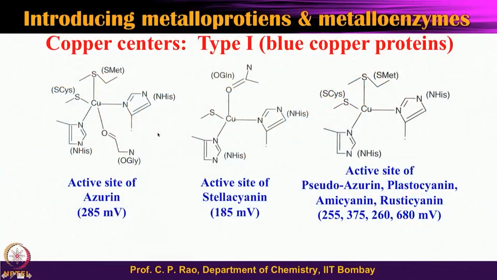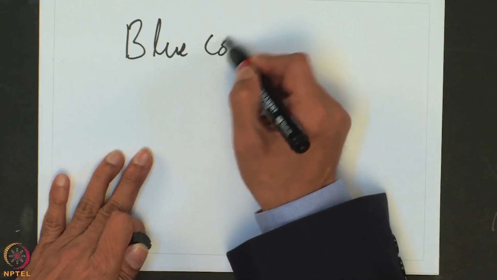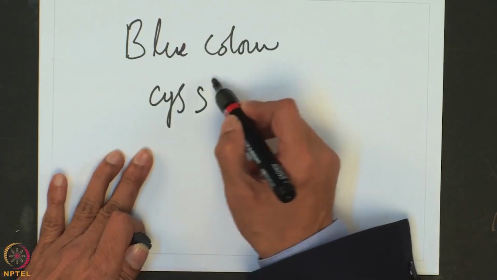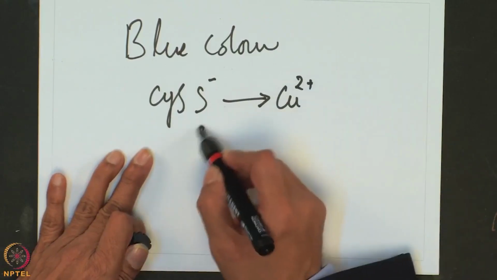Then we have come to the copper 1 story, the copper 1 centers. A few protein structures are shown over here, and these are referred to as blue copper proteins. The blue color is coming from the cysteinyl sulfur minus to copper 2 plus charge transfer.